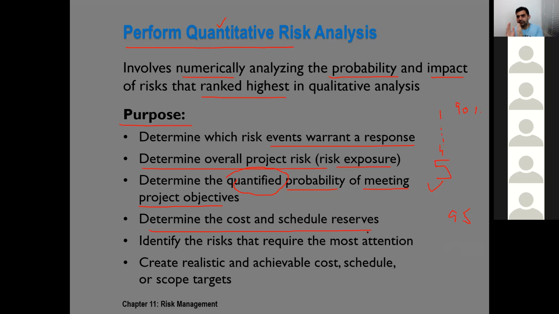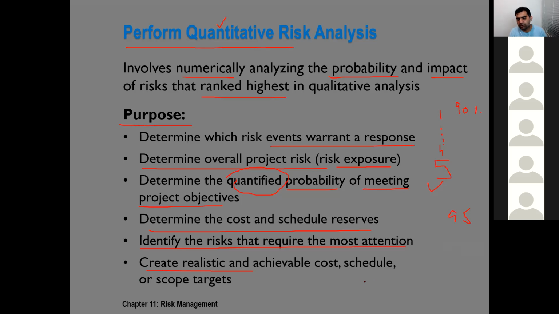We require 2 weeks exactly. It also helps us to identify those risks that need more attention based on probability, impact, and other risk factors. It also helps us to create realistic schedule, realistic budget.